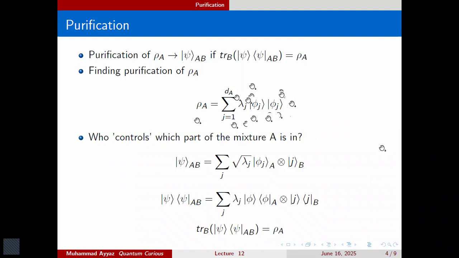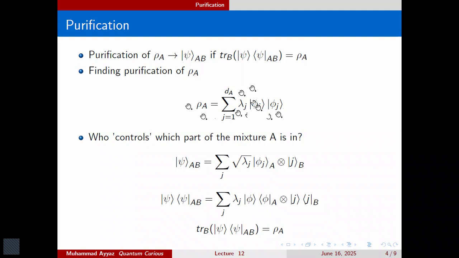We know that the reduced state rho A is in state phi J with a probability distribution lambda J, where the phi J are orthonormal bases and lambda J are the eigenvalues.